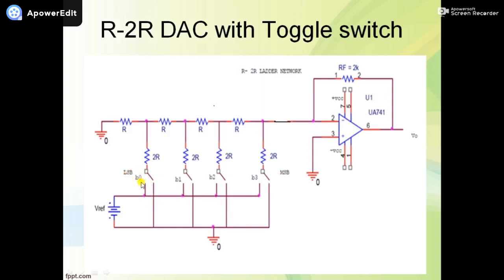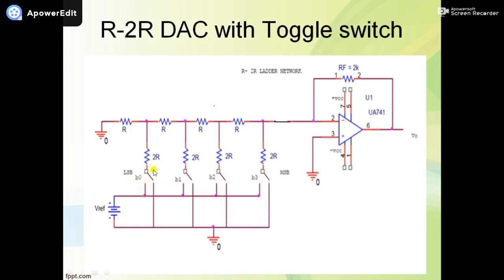For example, I will give one digital input signal like 1 0 0 0. B0 is 1, B1 is 0, B2 is 0, B3 is 0. When we apply this reference voltage, the switch which is in one state is converted from open switch to closed switch.